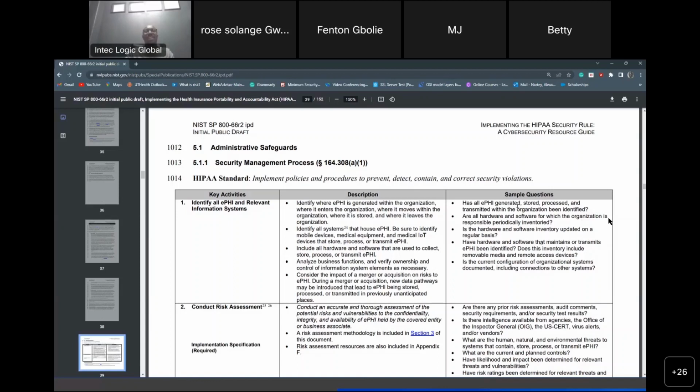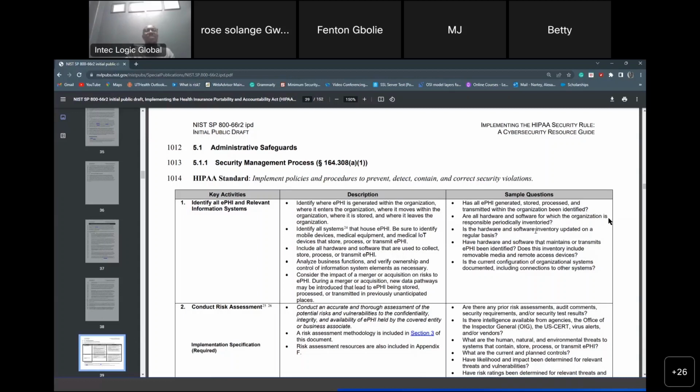Has all EPHI generated, stored, processed, and transmitted within the organization been identified? Are all hardware and software for which the organization is responsible periodically inventoried? Have you kept records of all your hardware and software?